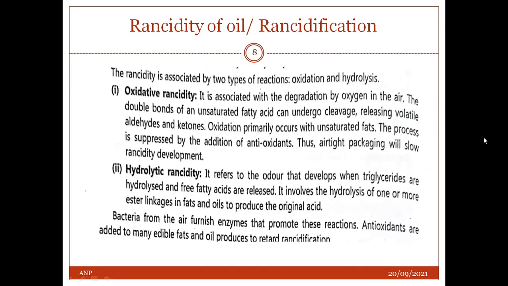Next, rancidification or rancidity of oil. See, rancidity is a term generally used to denote unpleasant odors and flavors in food.